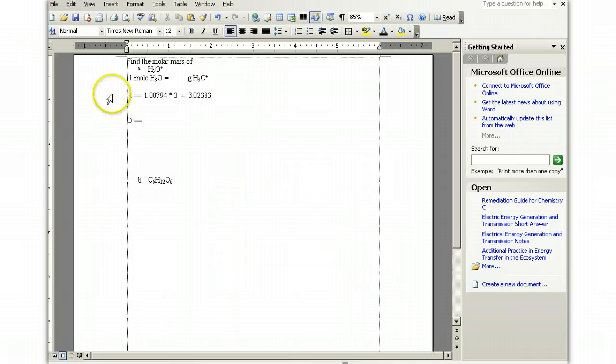Okay, so the mass of all 3 of our hydrogens together is going to be 3.02383 grams.